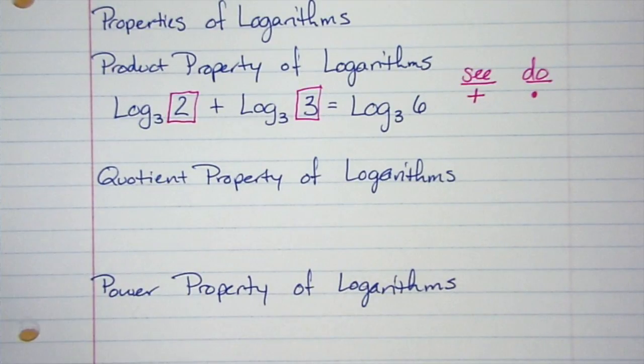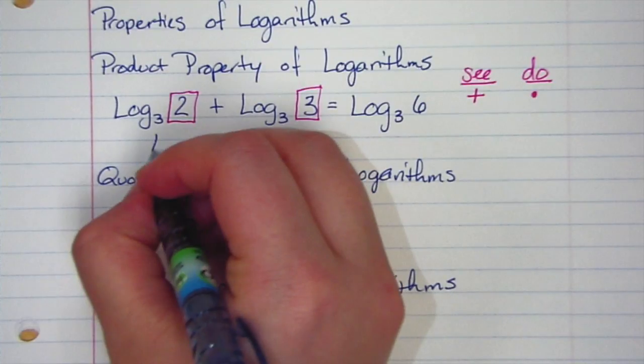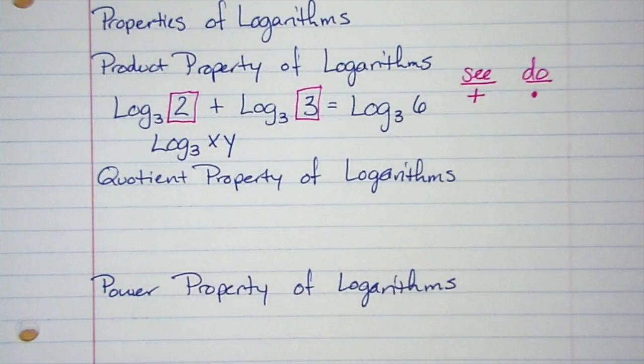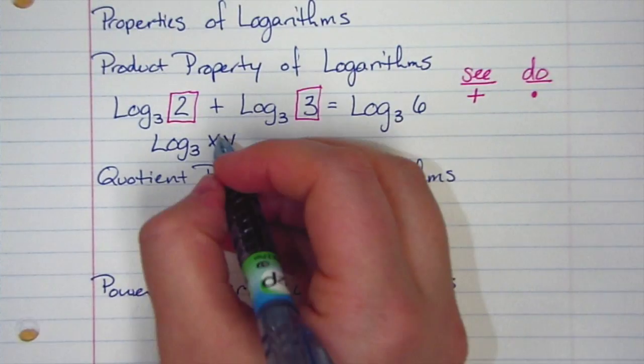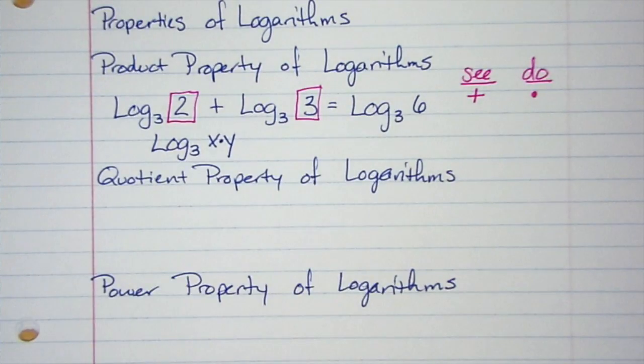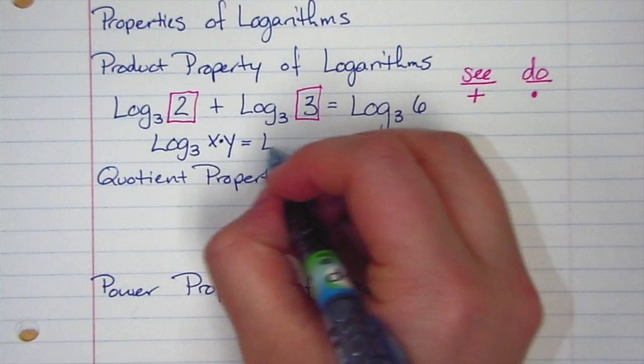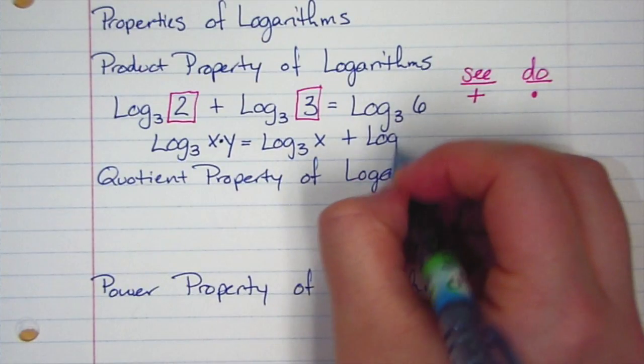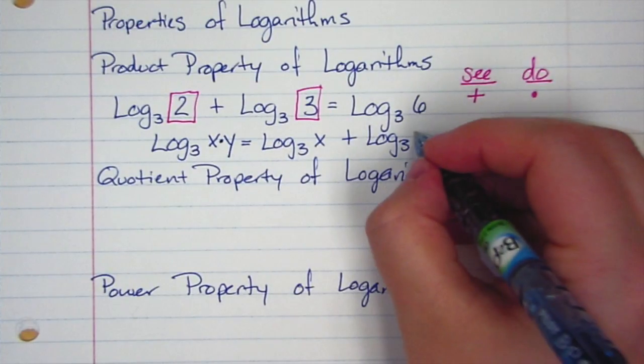If we were asked to expand a logarithm, such as log base 3 of x times y, because there is multiplication happening between these two pieces of the argument, we could split this up into log base 3 of x plus log base 3 of y.